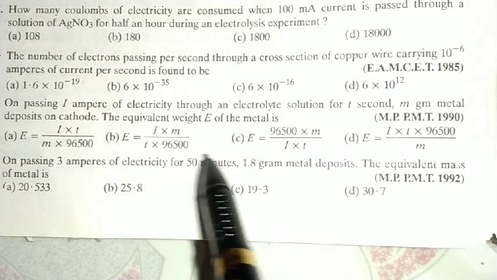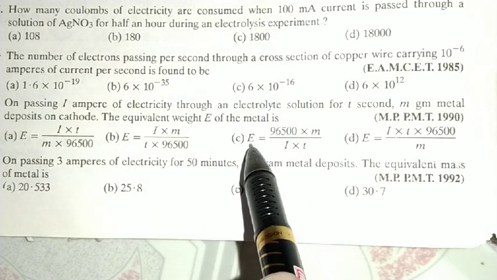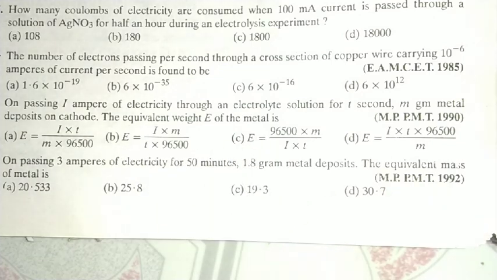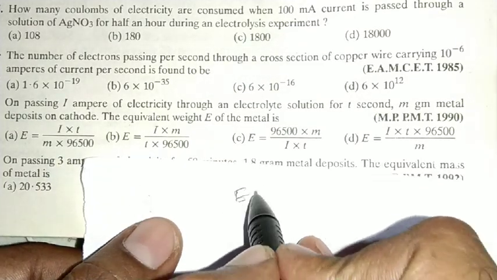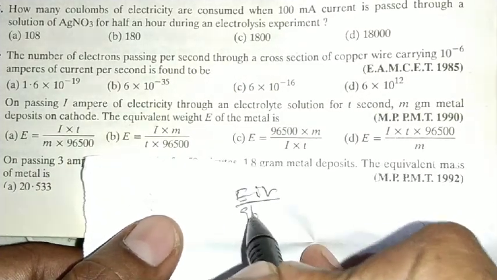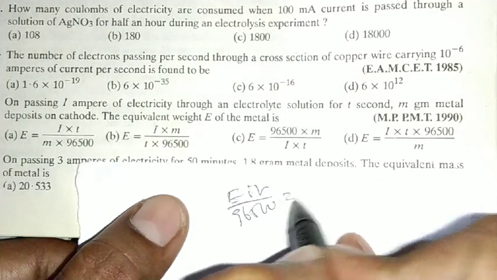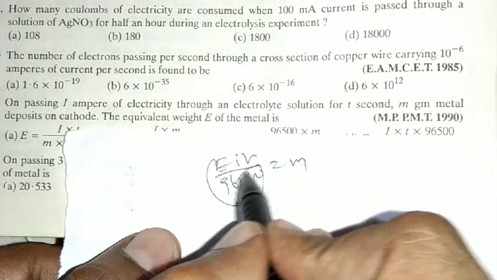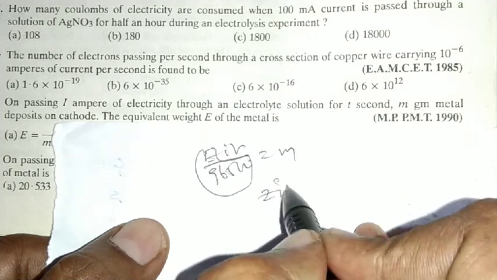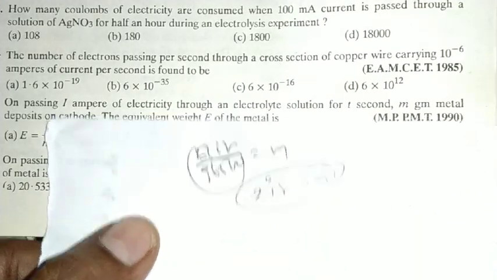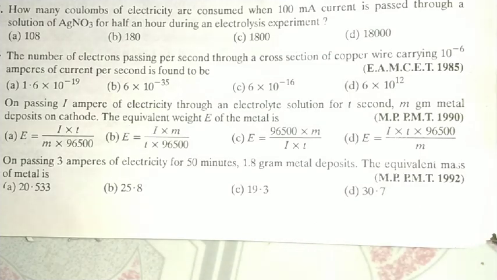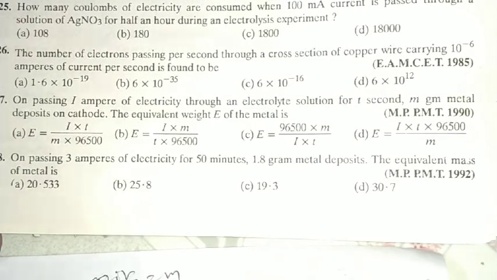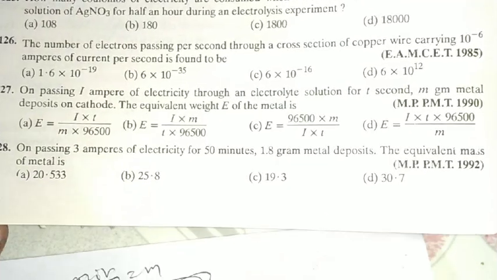We get E I T divided by 96,500 coulombs equal to m. E by 96,500 is nothing but Z. So Z I T equal to m. That is why option C. That formula only.